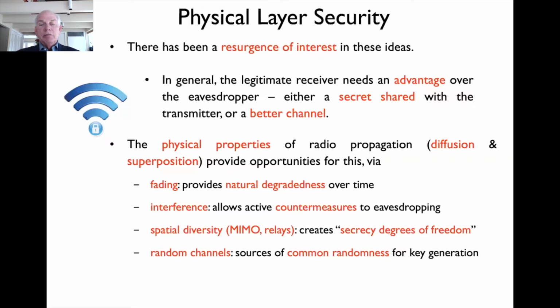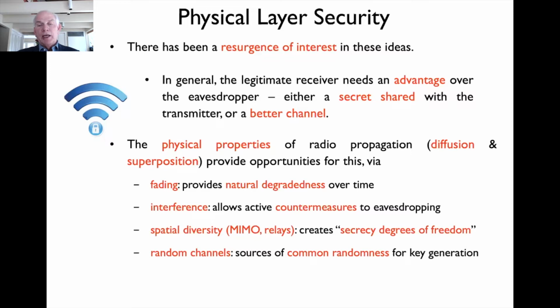Spatial diversity, multiple antenna systems, and relays allow you to create secrecy degrees of freedom. Again, you can take advantage of those degrees of freedom to transmit securely, advantaging one receiver over an eavesdropper. Also, random channels: since the wireless channel is random and there's reciprocity, the legitimate transmitter and legitimate receiver can share a source of common randomness between them, which the eavesdropper can't see.